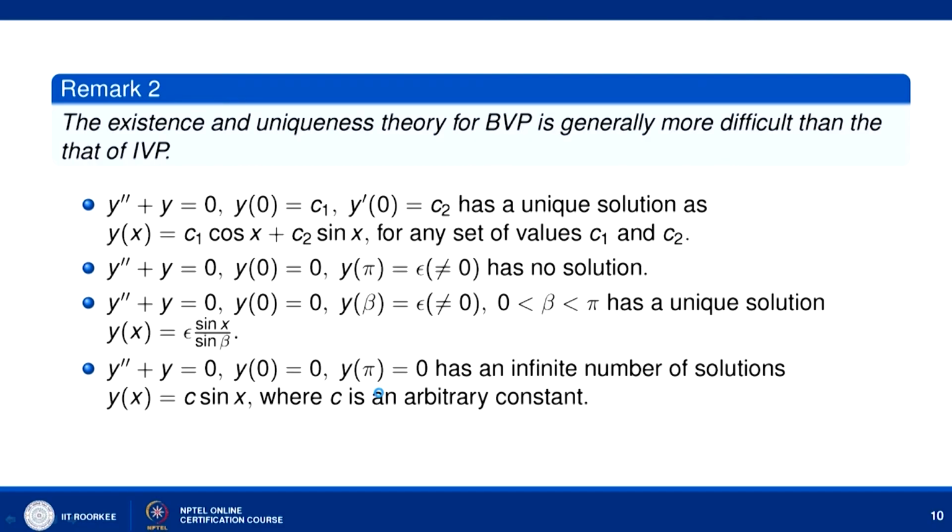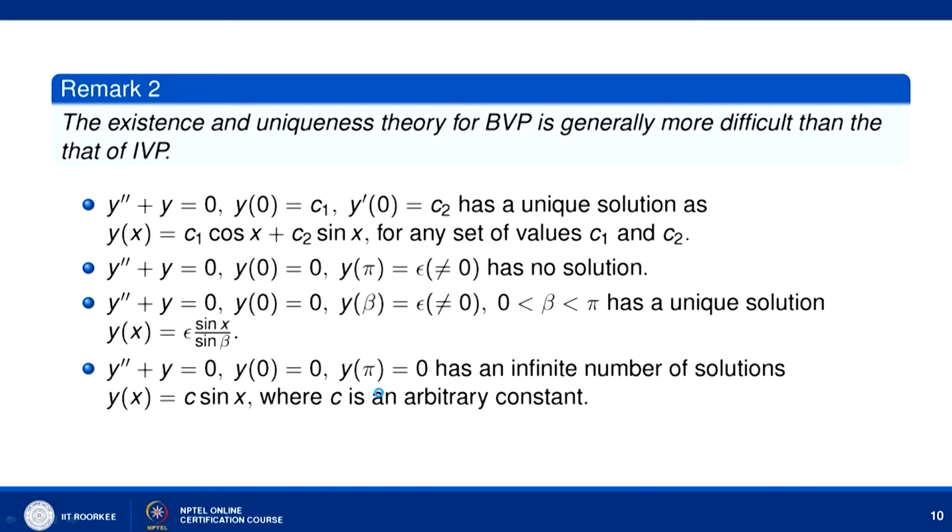But now, in place of initial conditions, let us define boundary conditions and see how this nice solution changes into a difficult one. The equation remains the same, y double dash plus y equal to 0, but now the boundary conditions are y(0) equal to 0 and y(pi) equal to some epsilon.